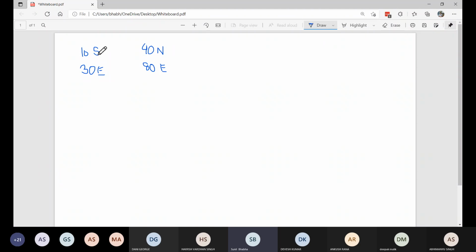Now first of all, one latitude is 10 degree south, another is 40 degree north. So which pole should we be taking? The north pole. Very good. So we would be taking the north pole, and let us say our position A is somewhere here and position B is somewhere here.